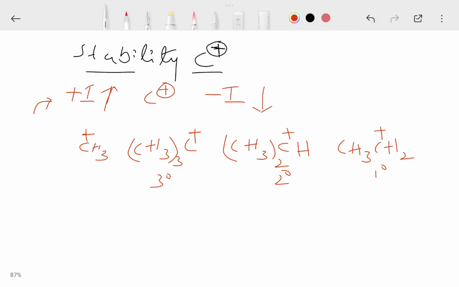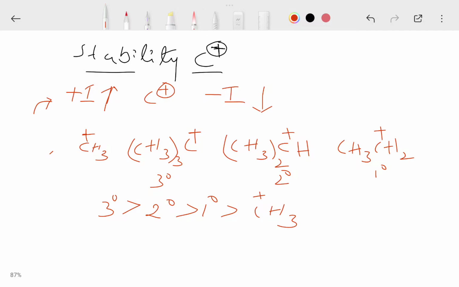Here, tertiary carbocation is more stable than secondary carbocation, then primary carbocation, and then CH3 plus. Why? Because in tertiary carbocation, three alkyl groups are there. In secondary carbocation, two alkyl groups are there. Primary carbocation has only one alkyl group. Methyl carbocation has no electron releasing groups. Electron releasing groups increase the stability of carbonium ion. If the number of electron releasing groups increases, the stability also increases.